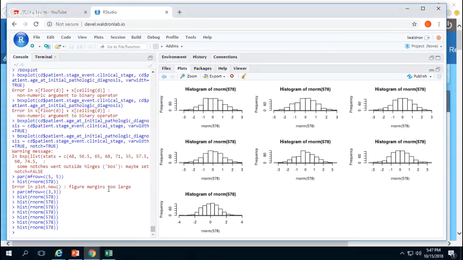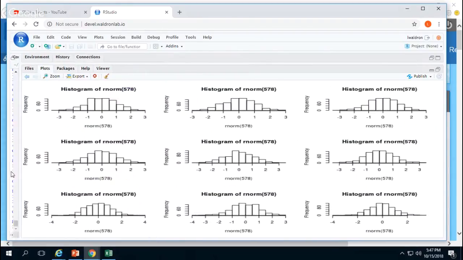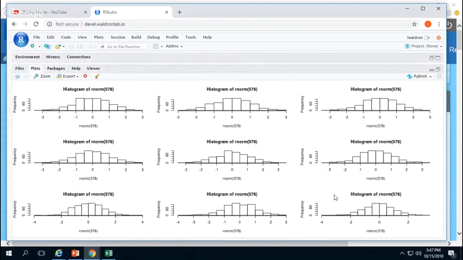So I haven't shown a lot of detail in these, but these are all samples from a random normal distribution with a sample size of 578.